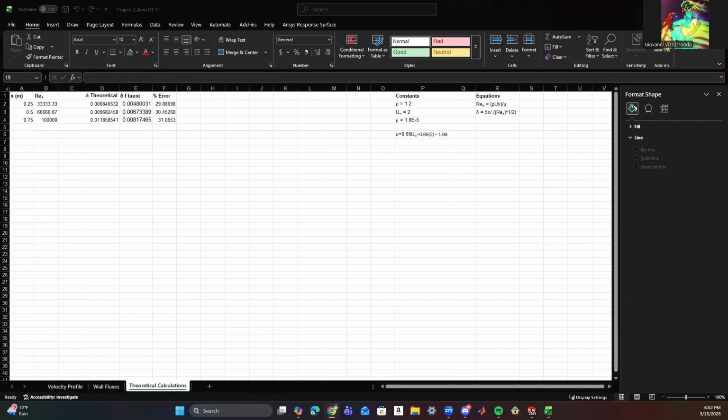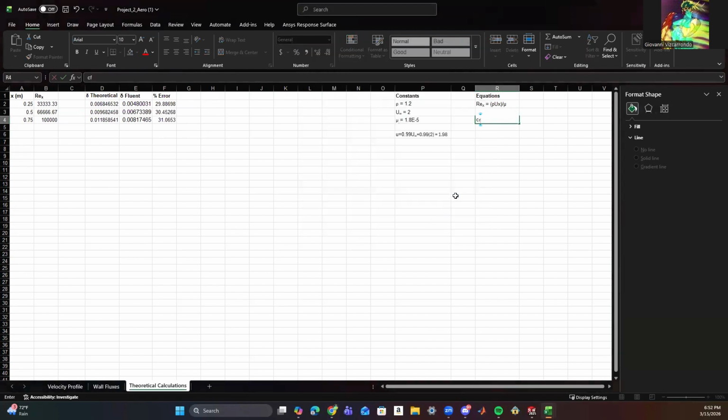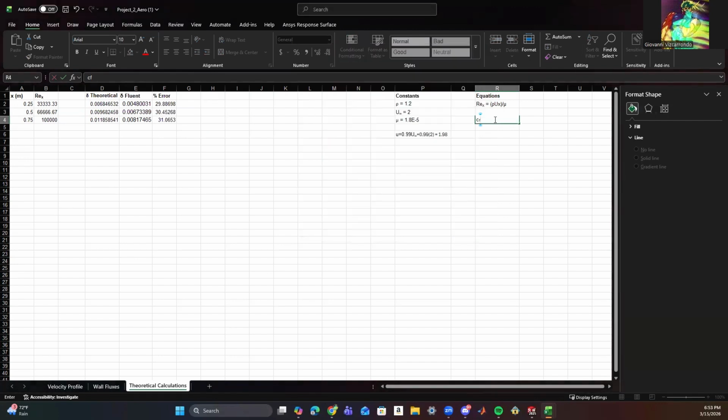But now that we have that, we compared our boundary layers. We're going to find the skin friction coefficient. So again, we're going to go back to our equations. Equal to 0.664. Turn off the subscript.